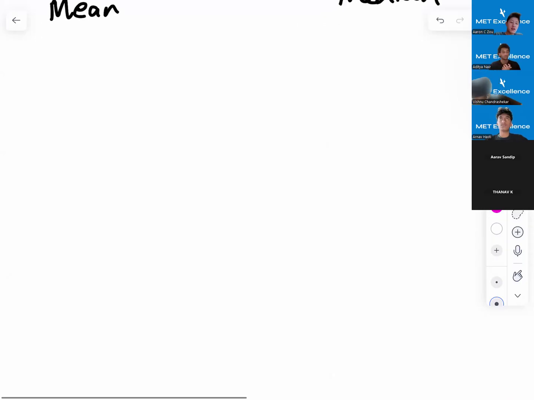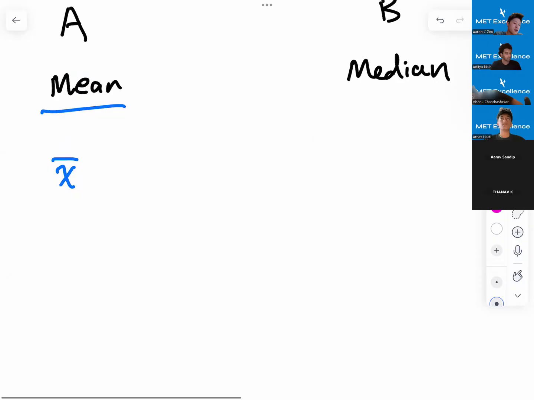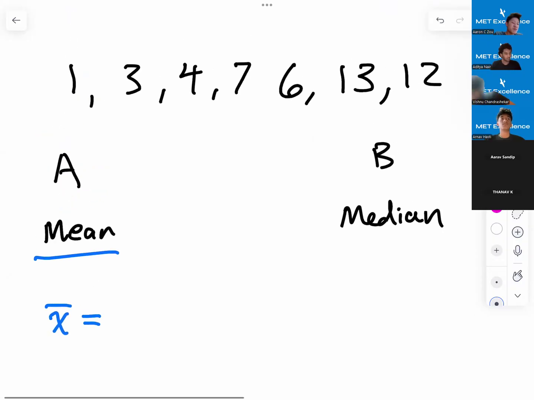So let's start off with the mean. The mean, which we usually denote with a bar on top, is just the sum of each of these numbers divided by the total amount of numbers.